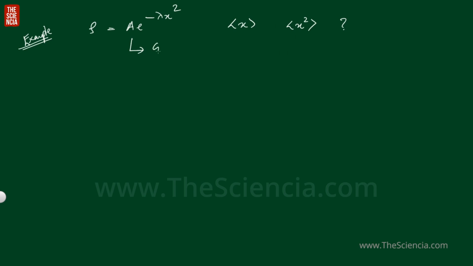This is the Gaussian distribution. And here this distribution function is not normalized. So before solving for the expectation value of x and x squared, we have to normalize this distribution function.